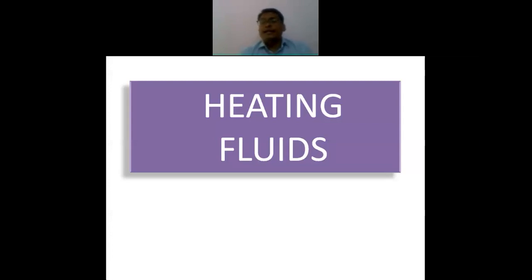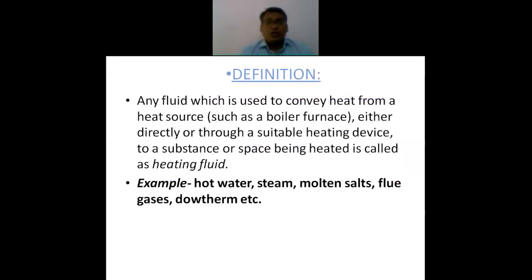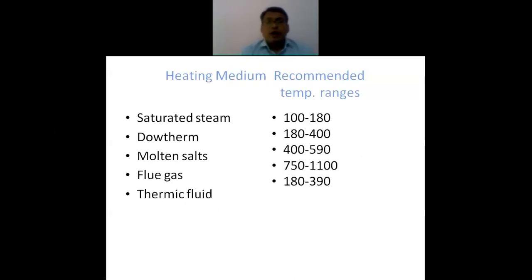So you require the heating fluids to heat these jacketed vessels or coils. Generally hot water is used, which is the cheapest, and cold water is used for cooling purposes. Then steam, molten salts, flue gases, diatherm, thermic fluids. These are the different types of fluids that can be used.